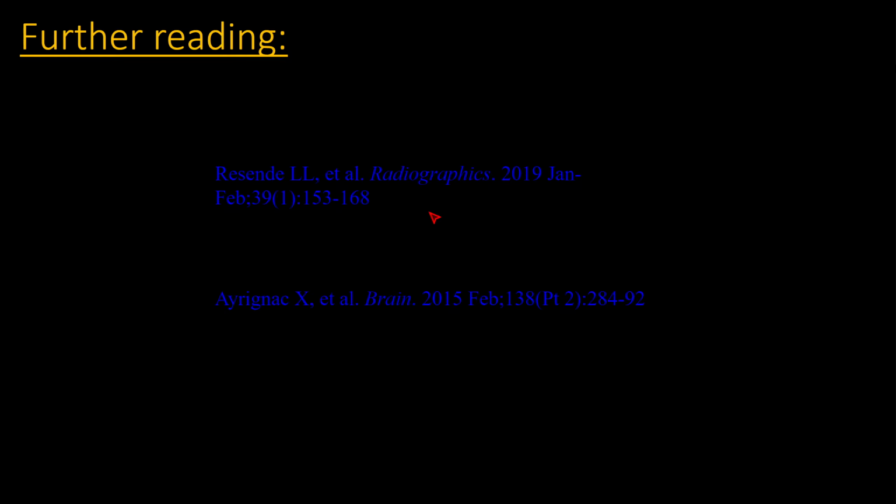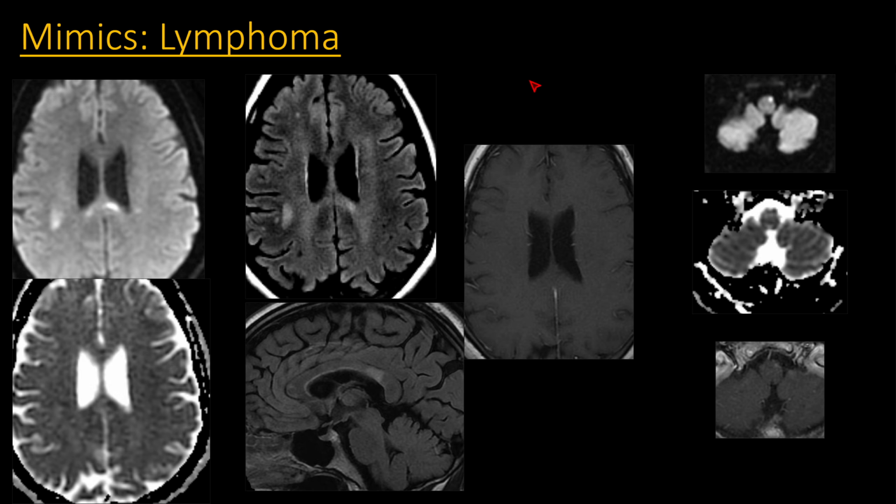So if you're interested in more detail, check out these two links. And it's good, especially if you're going into neuro, to at some point get yourself familiar with these adult onset genetic white matter disorders.